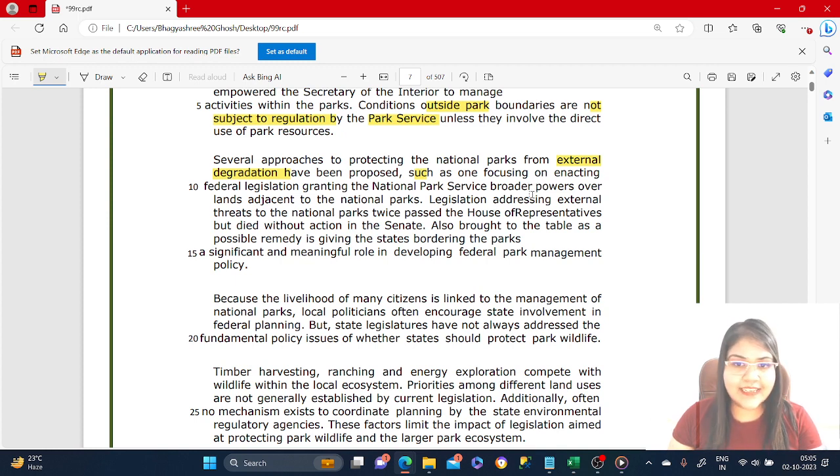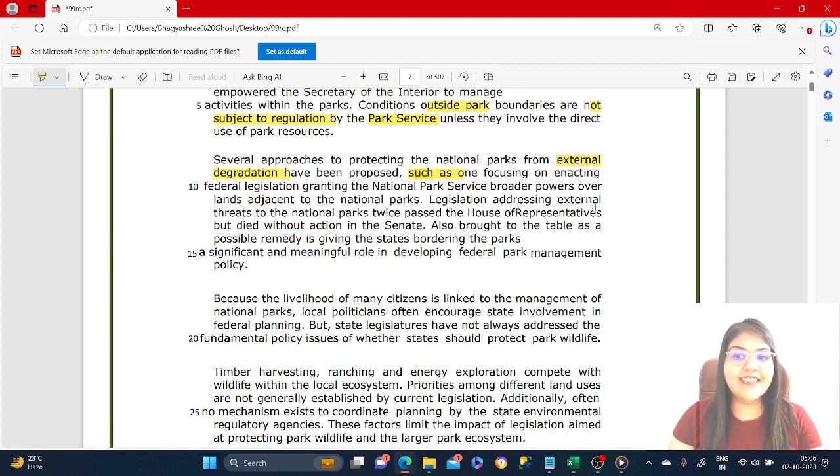If a question is there, then it's fine, else not. So there will be federal legislation granting the National Park Service power over land adjacent to the national park. So this is just an example because the word such as is written. So it just means that they are trying to protect the national park which is getting damaged from outside.